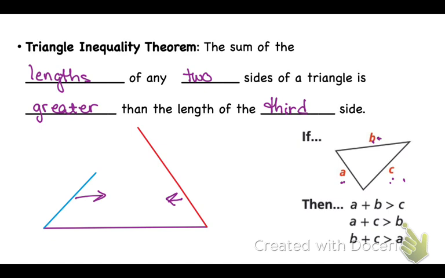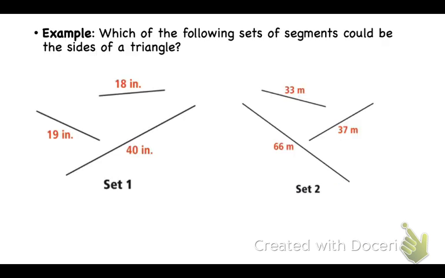So next, are these triangles? We have to check all 3 pairs. So 40 plus 19 has to be bigger than what? 18. Is it?